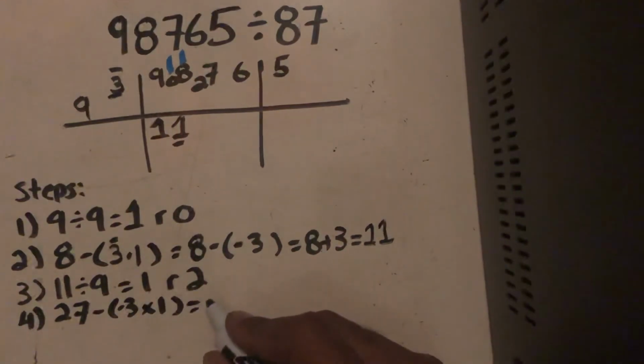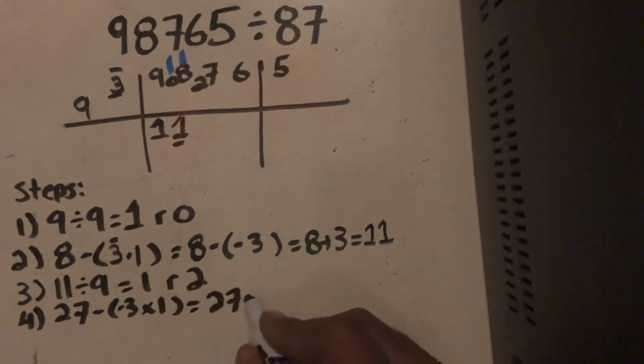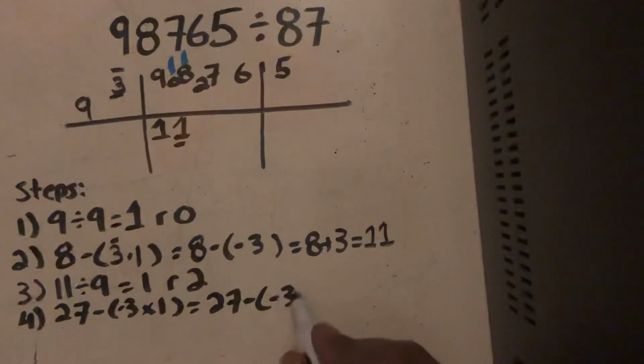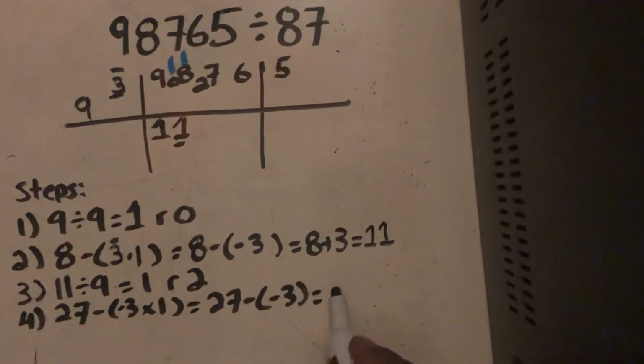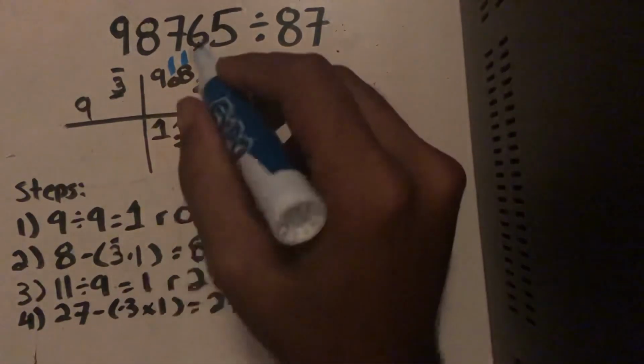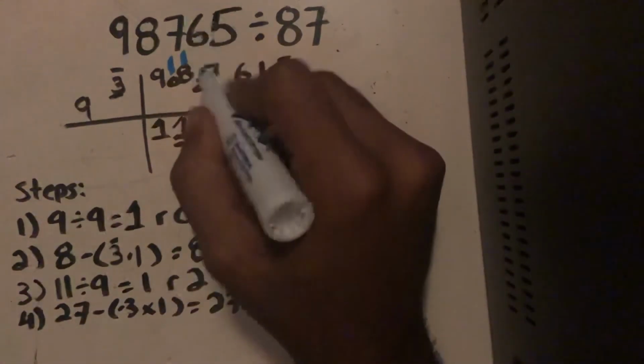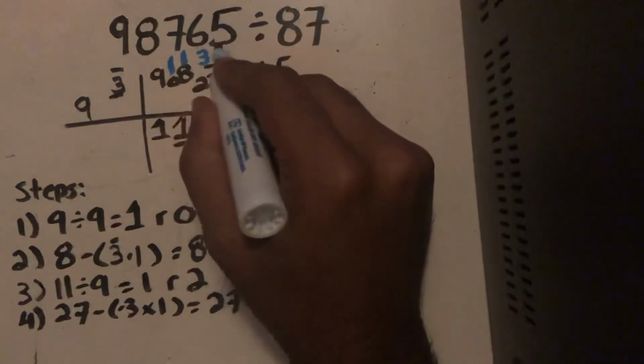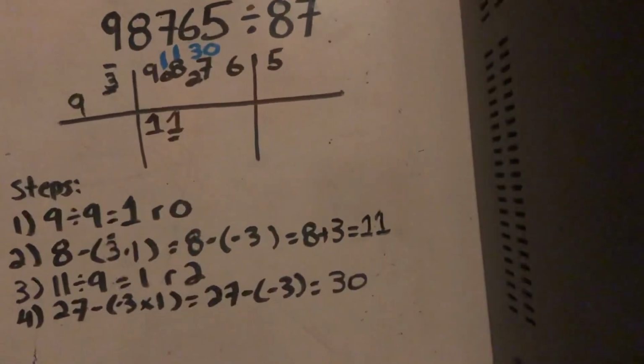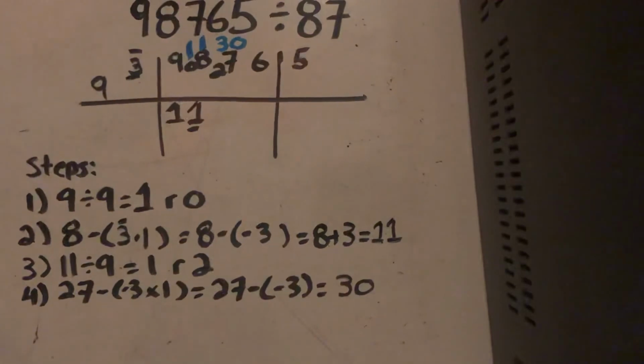So that's 27 minus negative 3. So I end up adding it again, I get 30. Okay, so we want to think of the 30 being right here now. And I'm ready to divide now.